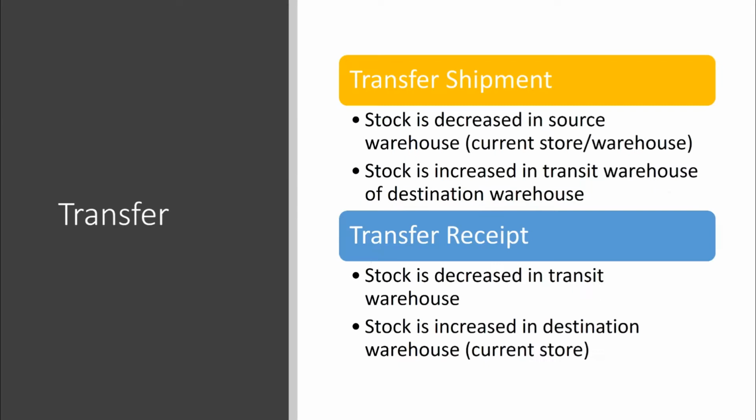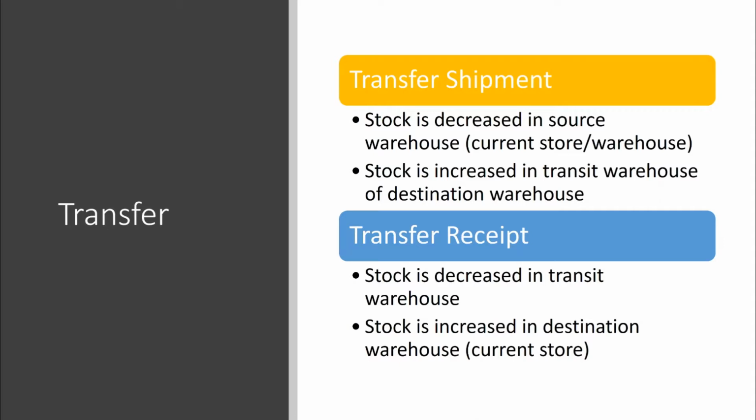The key two steps in the process are the transfer shipment and transfer receipt. When the user does the transfer shipment, the stock will be decreased in the source warehouse or store, that means the current store or warehouse they are working on, and the stock will go to the intrinsic warehouse. When you define the warehouse, you must assign the intrinsic warehouse to the warehouse.